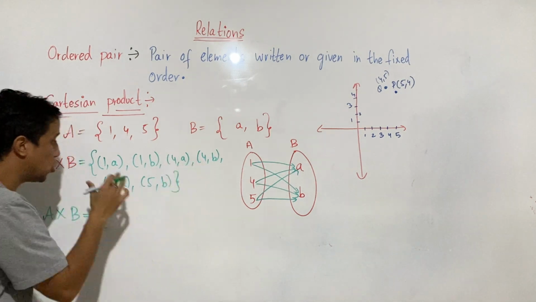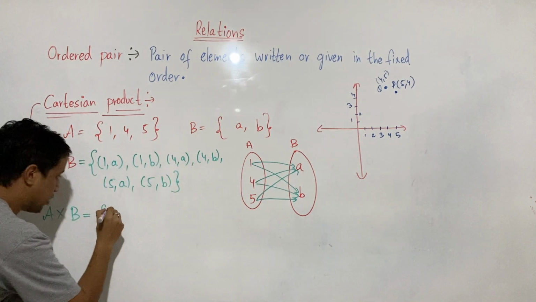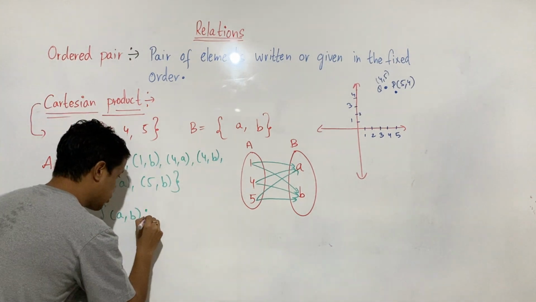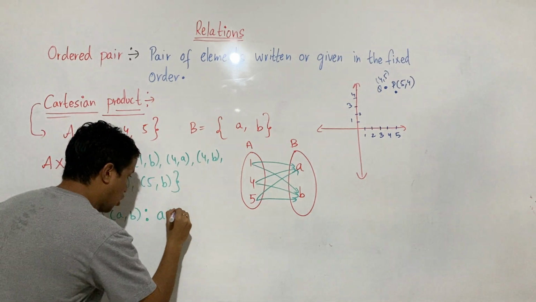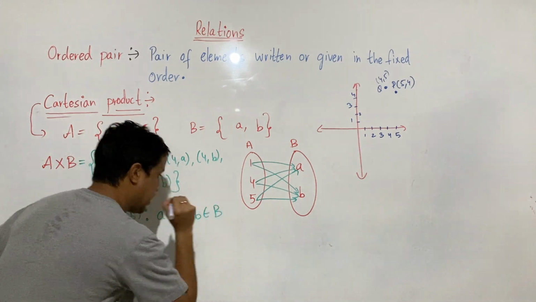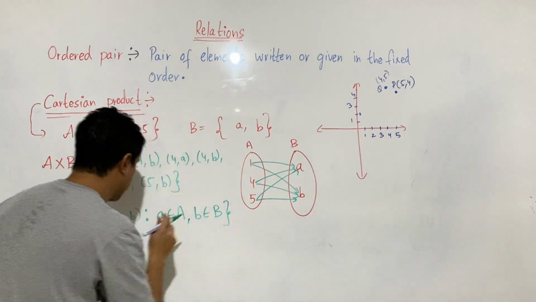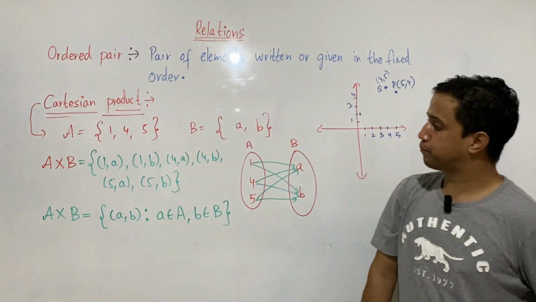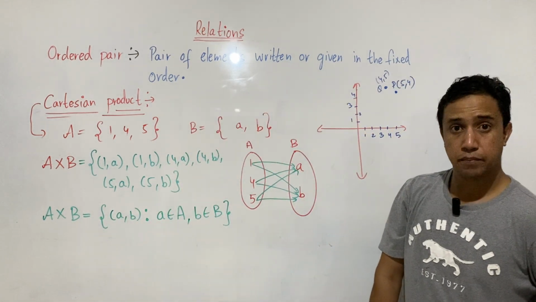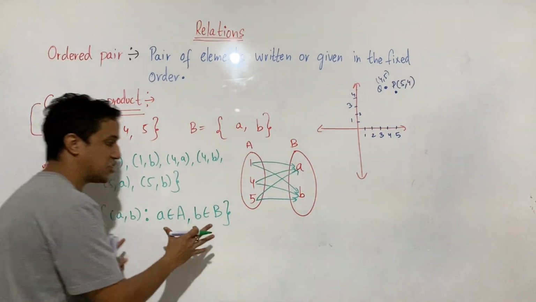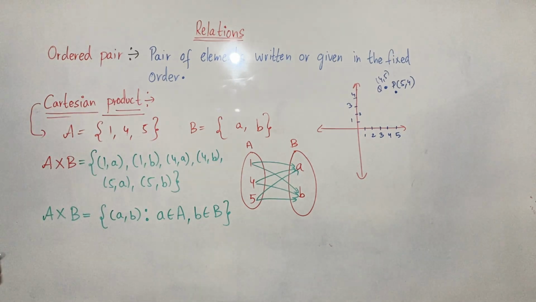So it's the set of ordered pairs (a, b) such that a belongs to A and b belongs to B. This is how to represent your Cartesian product in set builder form. This is just a mathematical way of writing the Cartesian product.